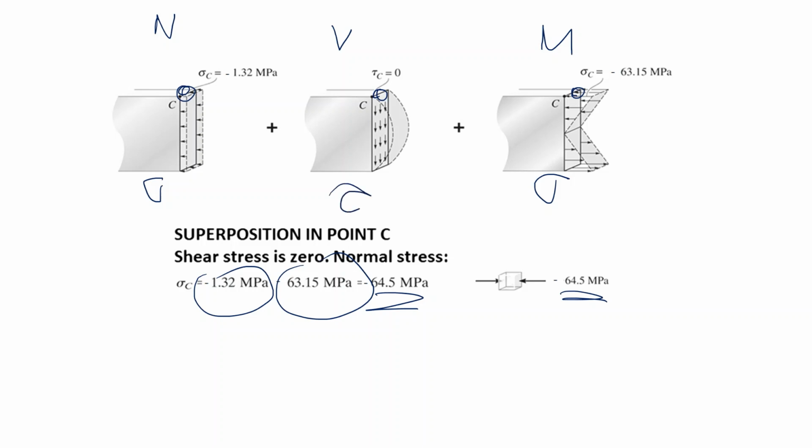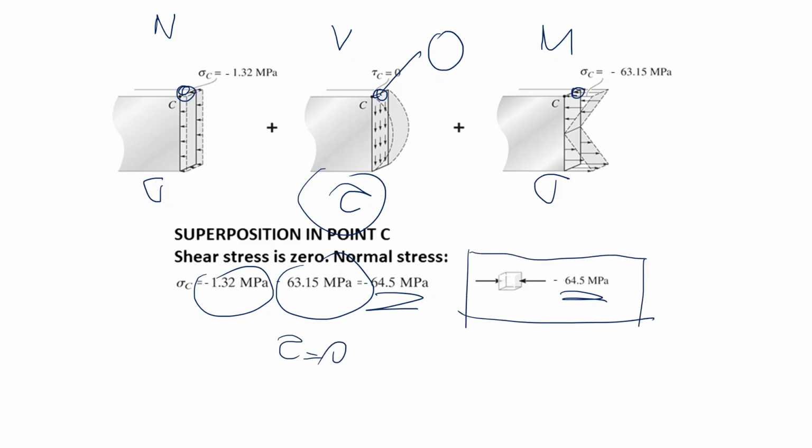And the tau in point C is 0. And this is the volume element showing the combined stress state in point C.